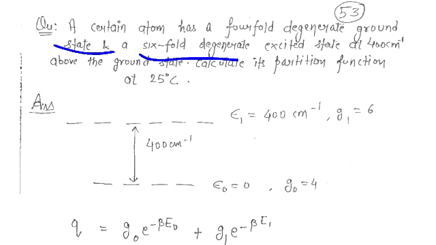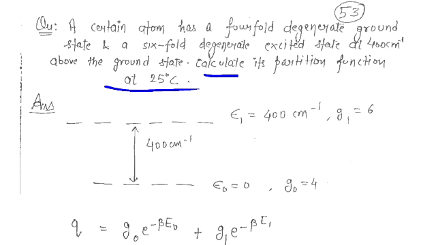Alright, so here I assume the energy of the ground state as 0, and the energy of the first excited state is 400 centimeter inverse, and the degeneracy, as I already told, is 4 for the ground state and 6 for the excited state. Now what is being asked in the question: calculate its partition function at 25 degrees centigrade.